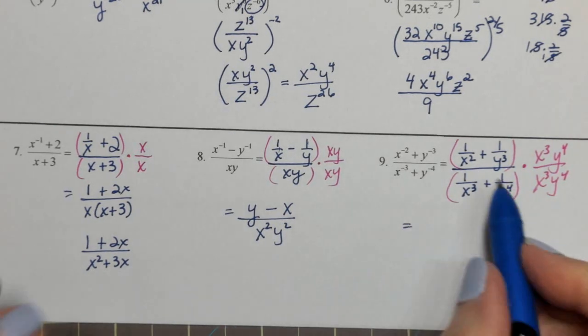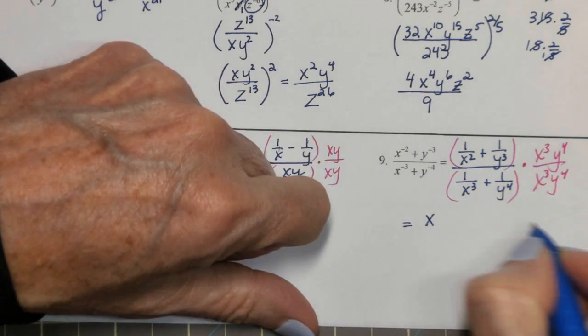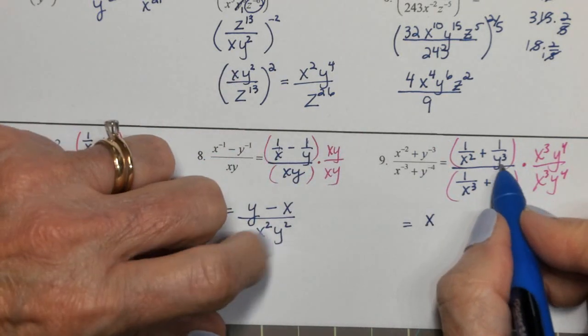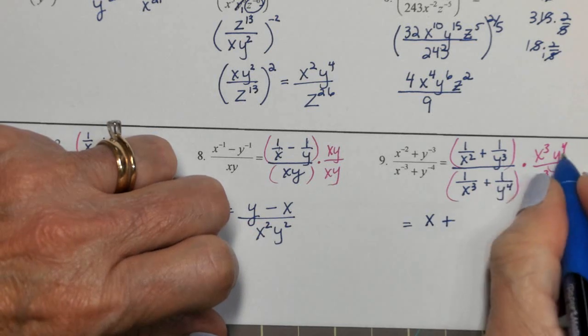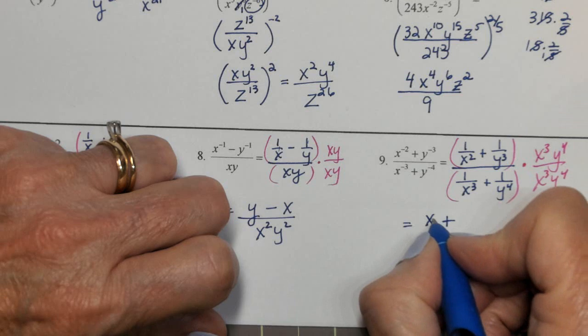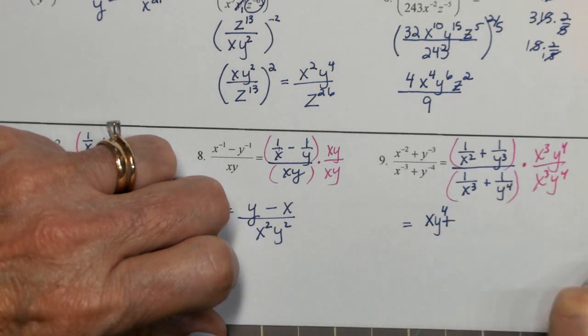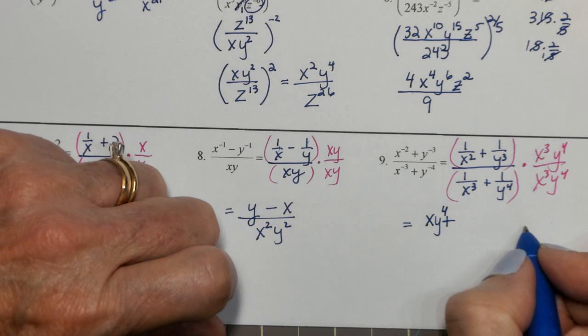Okay, so 1 over x squared times x cubed leaves me an x. 1 over y cubed times x cubed y to the 4th, that does leave me an x, y to the 4th, goodness, okay.